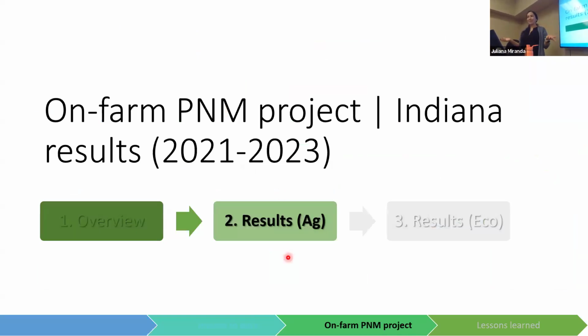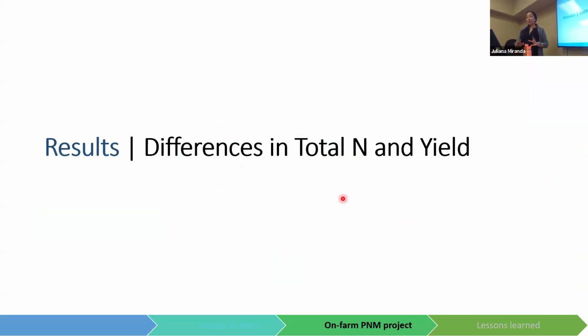So now let's see what were the results. Does this strategy work? Does it not work? What happened? So I'm going to focus on the difference in total nitrogen used and yield, because at the end, what we want is to reduce that nitrogen use, right? And with our strategy, ideally, we would increase the yield, or at least not reduce the normal yield.